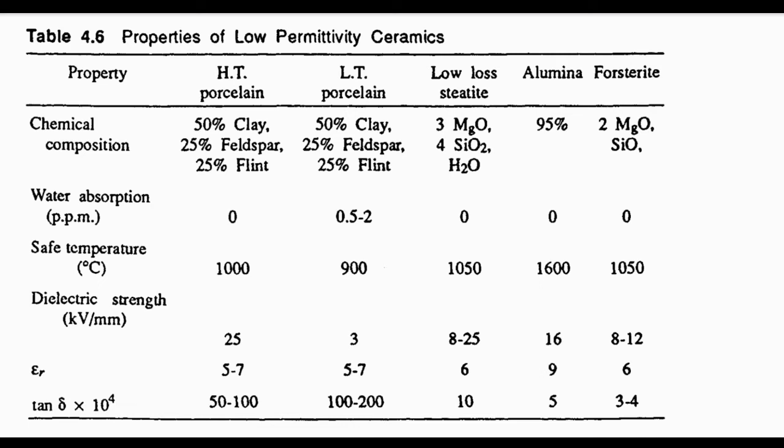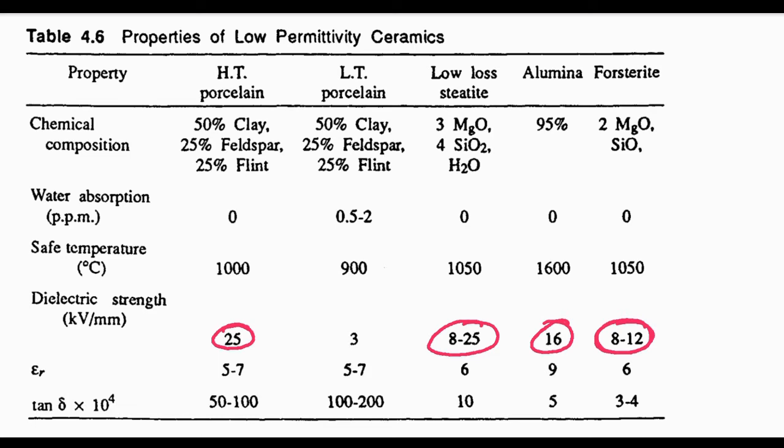Forsterite has the highest dielectric strength, 25, this one is 8 to 25, this is 16, and there is 8 to 12. Dielectric strength is okay, but now consider the dielectric constant.